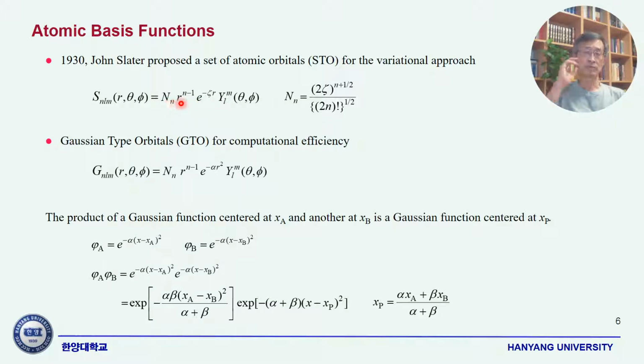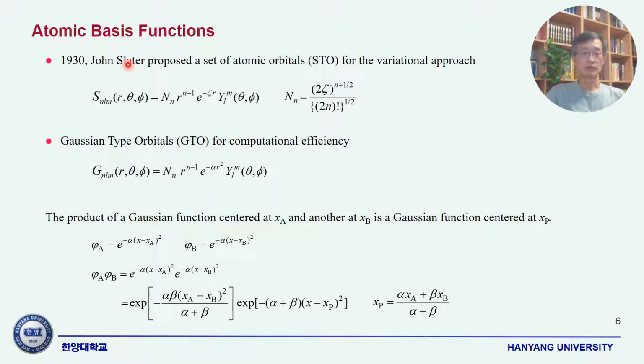Remember that for the hydrogen-like atom, you solve the Schrodinger equation using the associated Legendre differential equation and the associated Laguerre differential equation, and then for the R part and the theta phi part, the angular part is just a spherical harmonic, but the radial part is a Laguerre polynomial times an exponential factor.